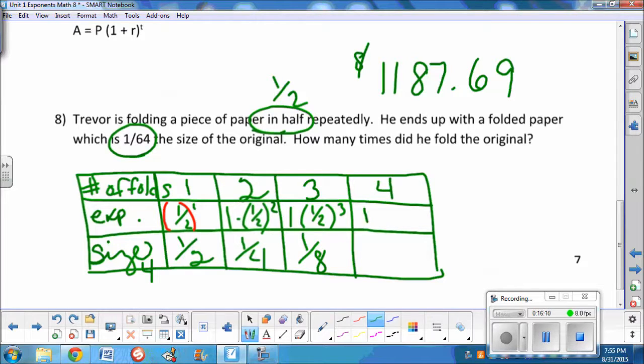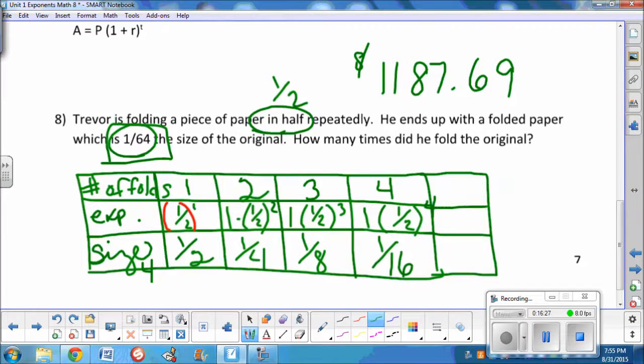Hopefully you're starting to see a pattern here. Let's go back up here to the 4th, and that's going to be 1/16 because we keep multiplying by 1/2. We want to get to 1/64. So at 5, 1/2 to the 5th, that gives me 1/32.